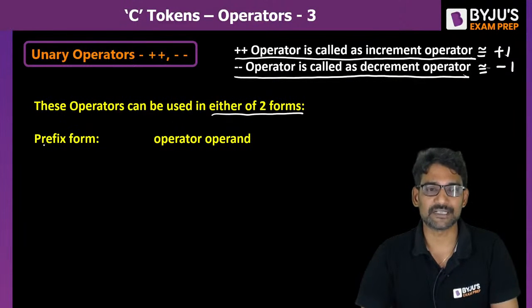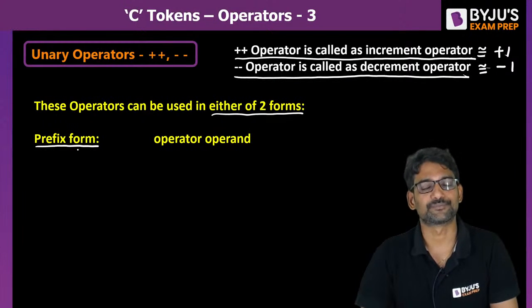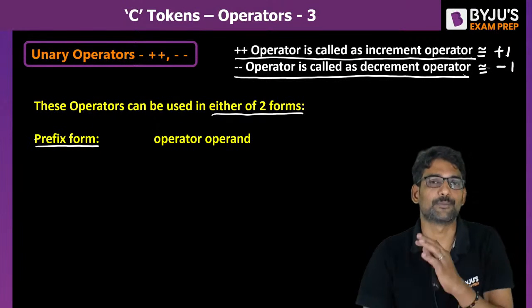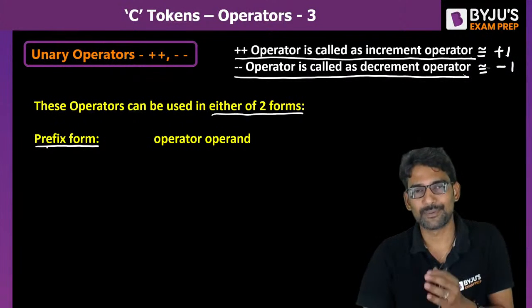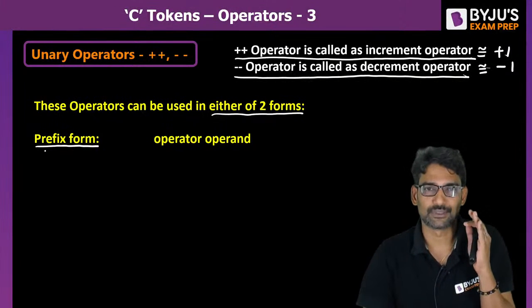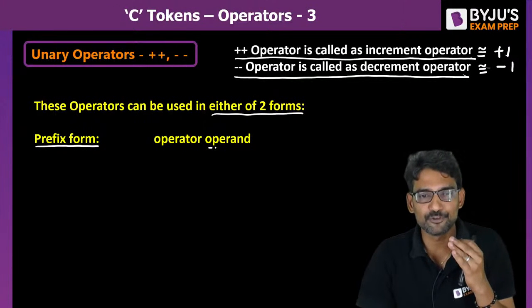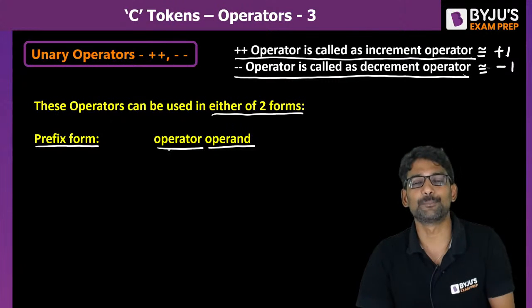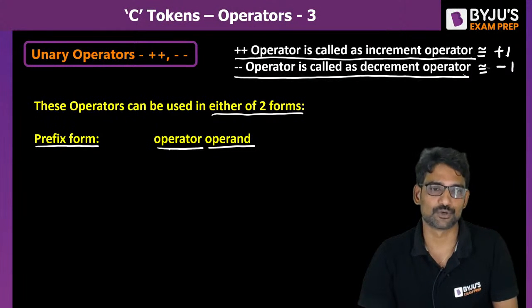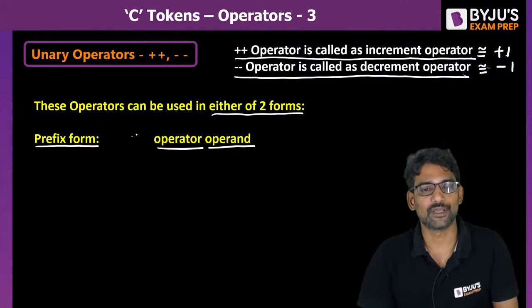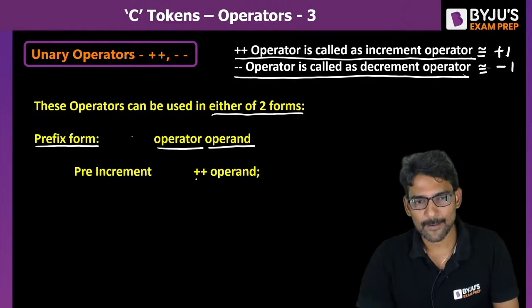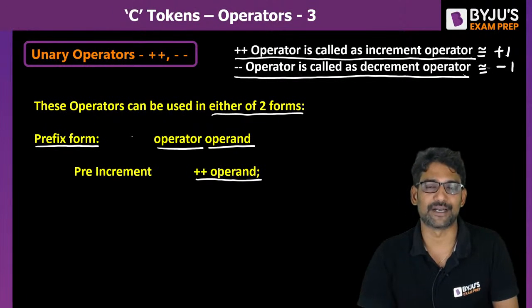What is that? First, prefix form. What is the meaning of prefix? Pre indicates before. Before the operand, if the operator exists, that is called prefix form. So we have pre-increment, that means plus plus operand.